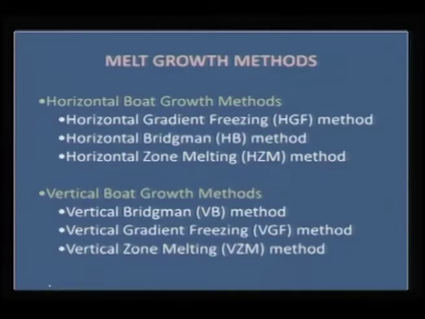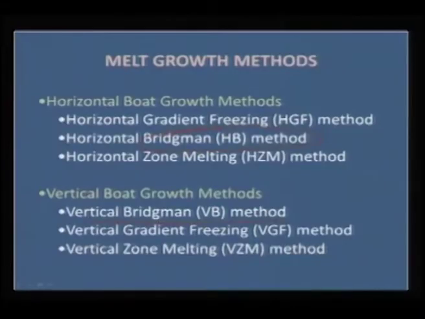Okay. In melt growth methods, the most important one is the Bridgman technique, and this has different ways of realizing it. You can go for a vertical Bridgman technique, or you can go for a horizontal boat Bridgman technique. So the assembly actually matters, but by and large the principle of the Bridgman technique remains the same.